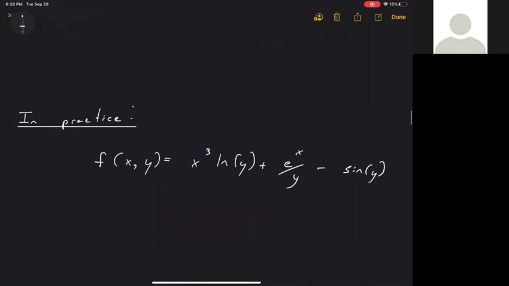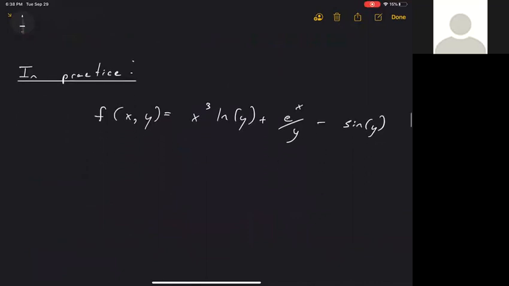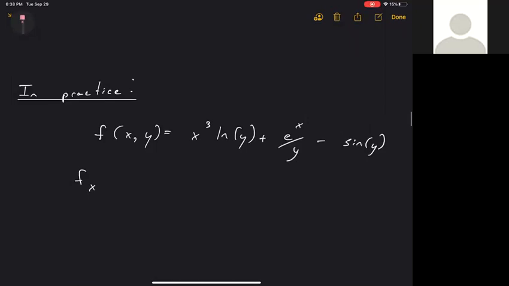So let's say I have this multivariable function, and I want to find the partial of f with respect to x, and we just talked about what that means. It's the slope of that mountain in front of us when we're looking in the x direction. I hold y constant, and I differentiate with respect to x normally.